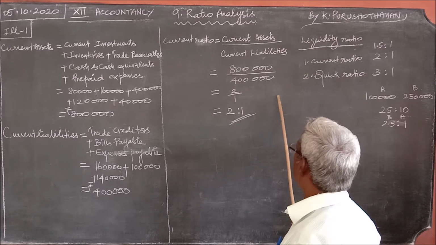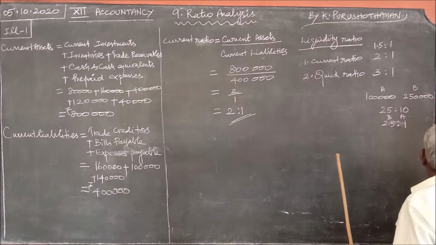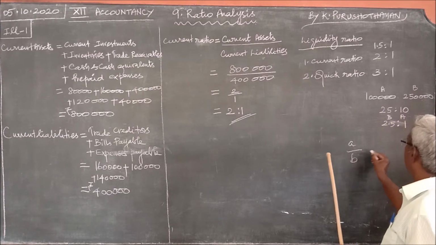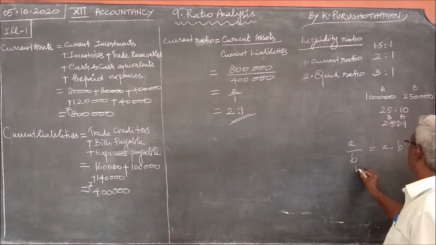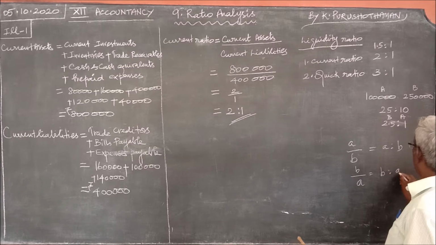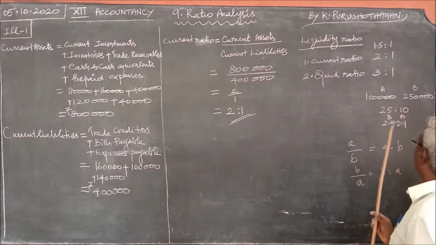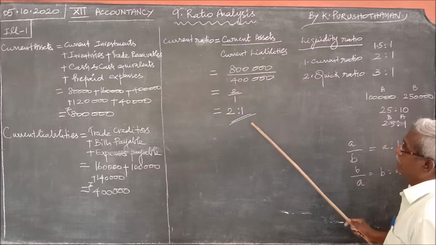If it is A by B, it is A:B. If it is B by A, it is B:A. That is how we are writing the fraction in terms of ratio, and that is what I have written here.